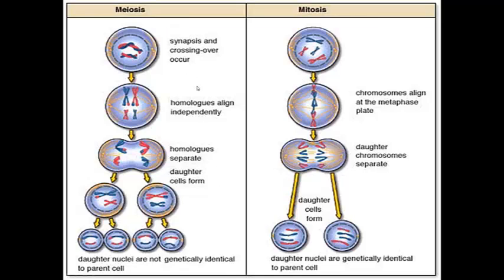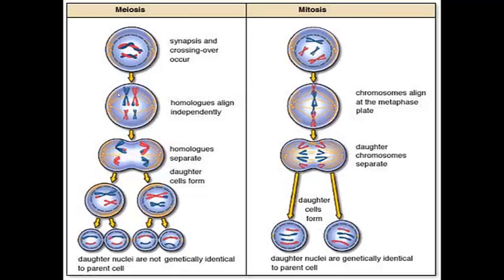Again, here is another example of meiosis versus mitosis. In meiosis, synapsis and crossing over occur, so you have those tetrads coming together. In mitosis, there is no synapsis or crossing over.